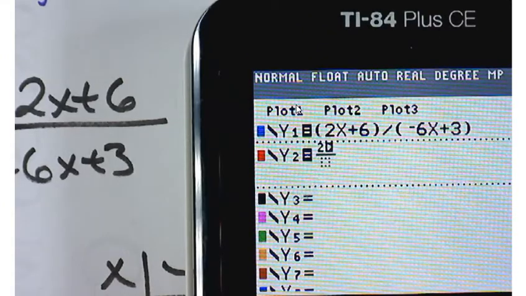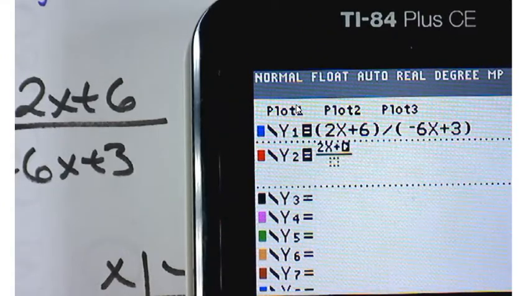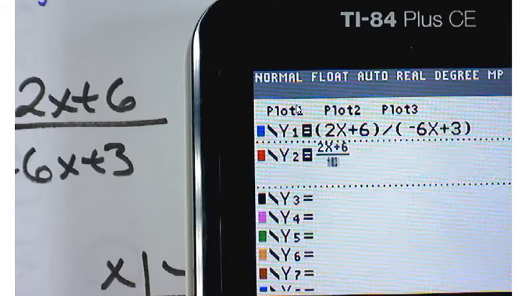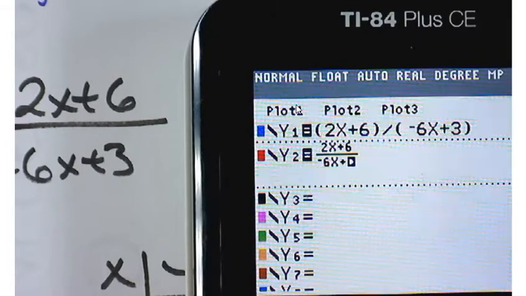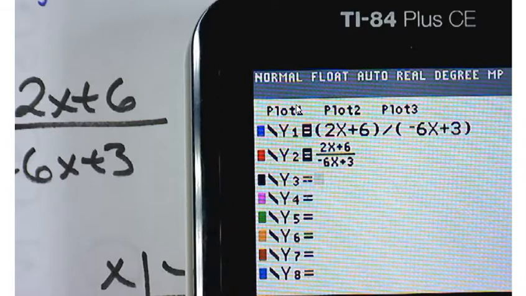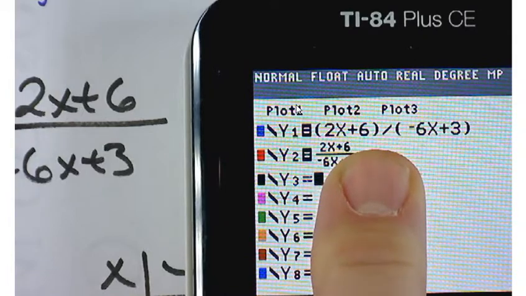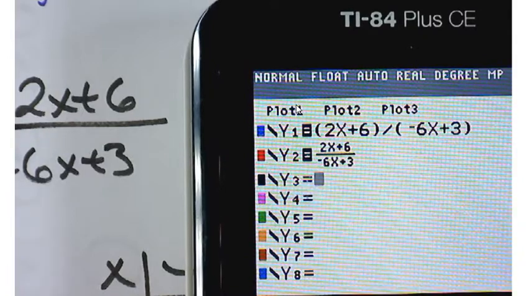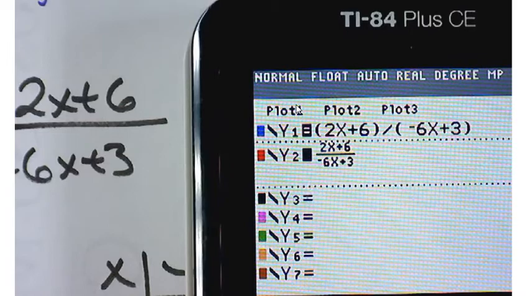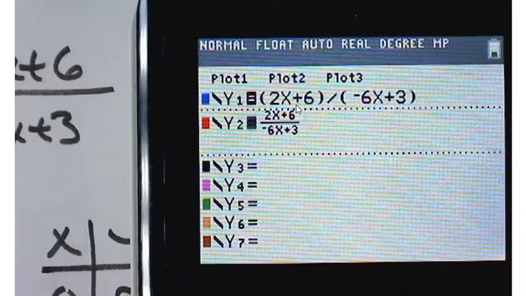And here you can put 2x plus 6, and then go down to the denominator and put negative 6x plus 3. So either way will give you the same graph. It's just that this way you've got to be a little bit more careful that you have the parentheses. So it's up to you. Now I'm going to shut this one off because I don't need to graph twice. Let's set up our window.